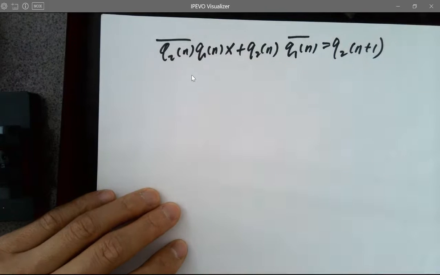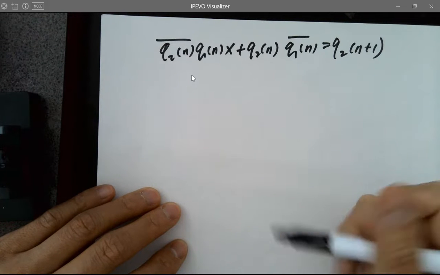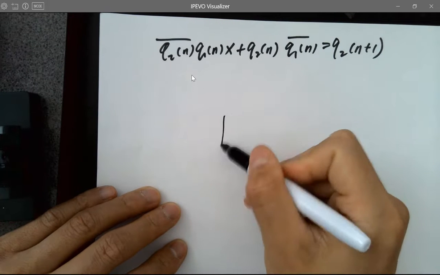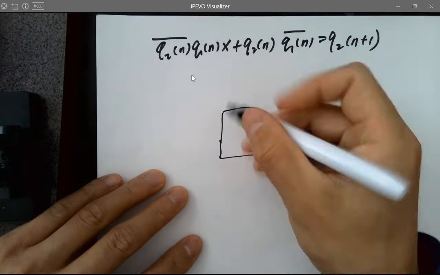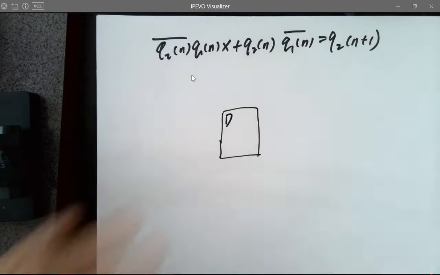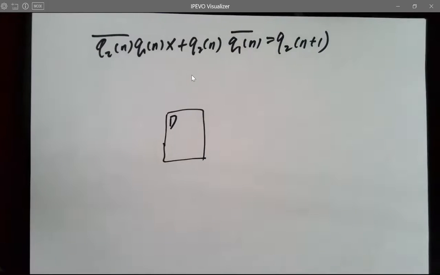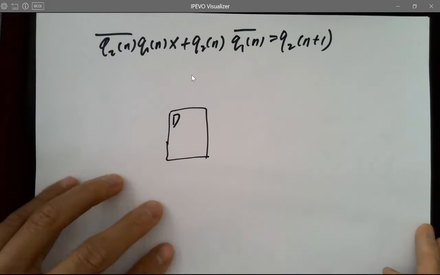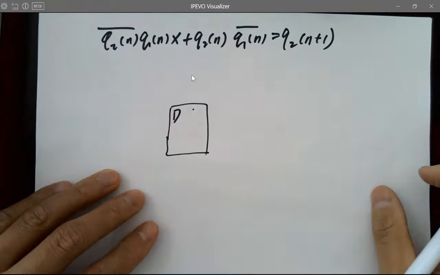So Q2. What I'm going to do is draw a D flip-flop first. You definitely can use other types of flip-flops, but the D flip-flop is the easiest one. Just draw the flip-flop first. Don't look at the equation yet. Just draw the flip-flop.